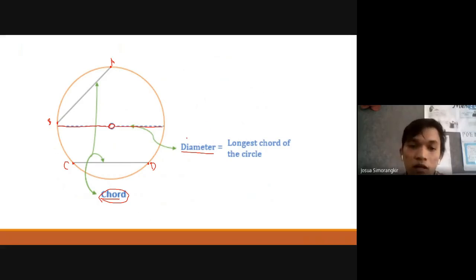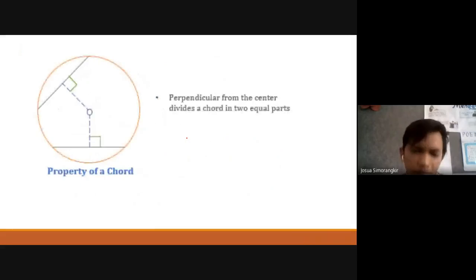So this is about chord, the first line, and this is the property of chord that you have to know. Like this first chord AB, and this one CD.